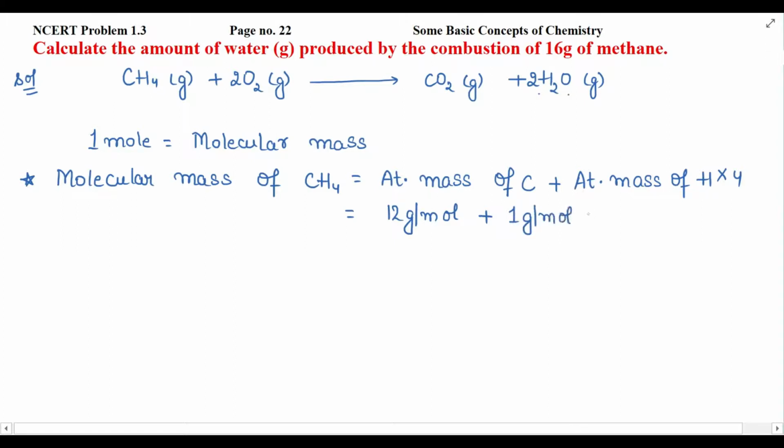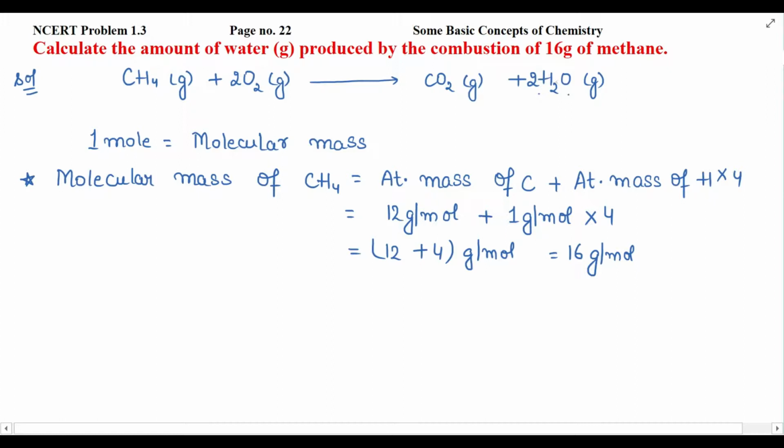There are 4 atoms, so I'll multiply this with 4, right? So 12 plus 1 into 4, that means 4. I have taken the units common, right? So 12 plus 4, that will be 16 gram per mole, right? So this is the molecular mass of methane, right?